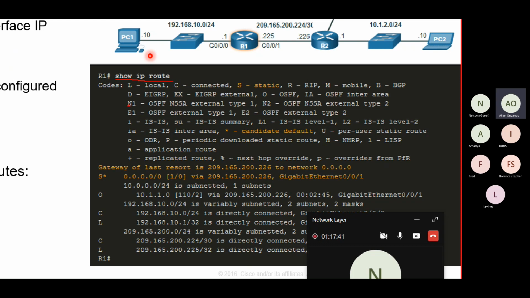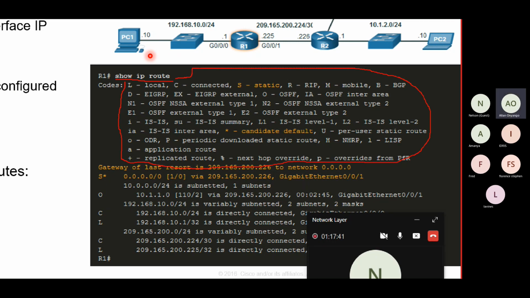And when you view the routing table, it's a very interesting one, which I will be teaching you how to read. The routing table, for one, normally has a key here, which tells you the meaning of each and every letter that you will always see in the routing table.